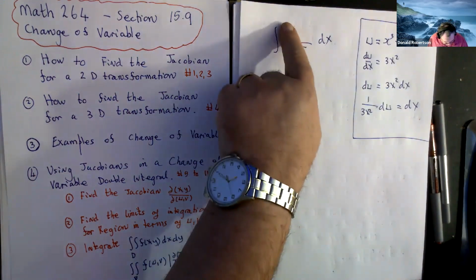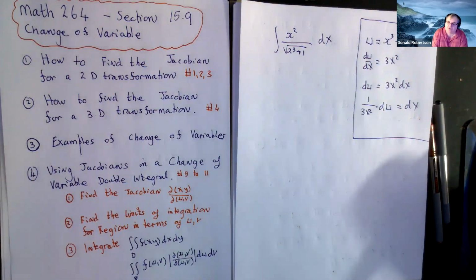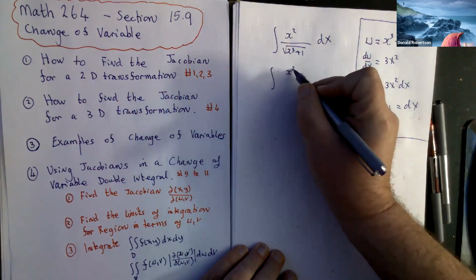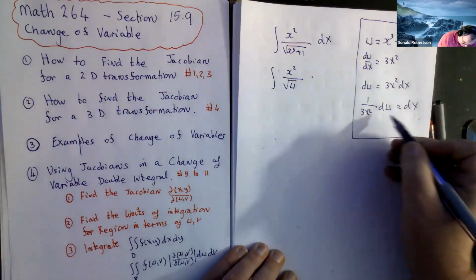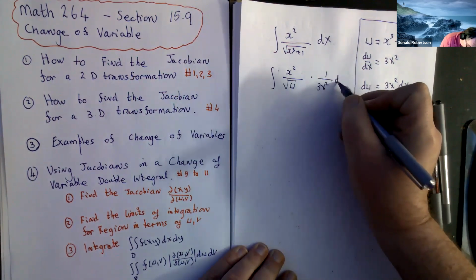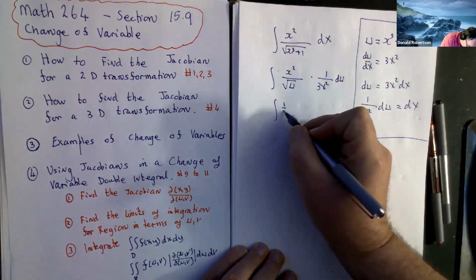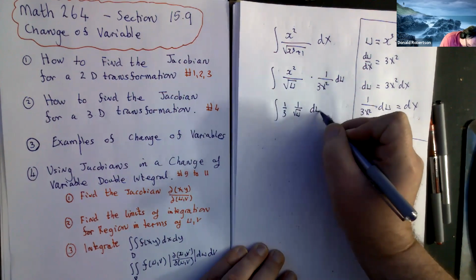So each of these pieces, all of them, are eventually going to be turned into things with u. So it's going to be an x squared over the square root of u, and the dx becomes 1 over 3x squared du. In this case, the x squareds cancel, and I have a guy that looks a bit like that.